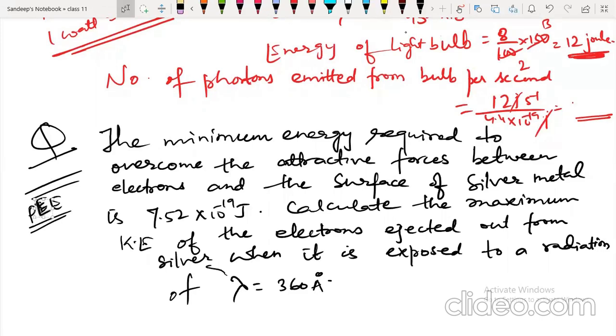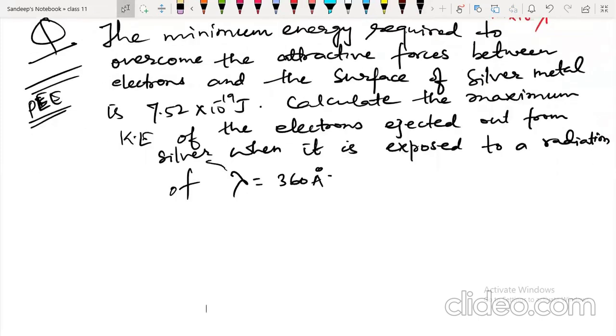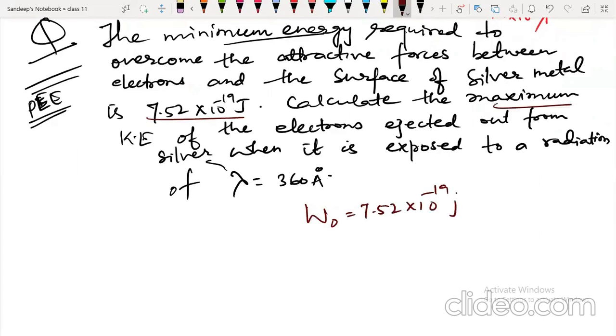So let's see. Will you try, student? The minimum energy required to overcome the attractive force between electron and the surface of silver metal. Minimum energy, that is called work function. So work function is given 7.52 into 10 to the power minus 19. Calculate the maximum kinetic energy. They are asking you to calculate the kinetic energy maximum.